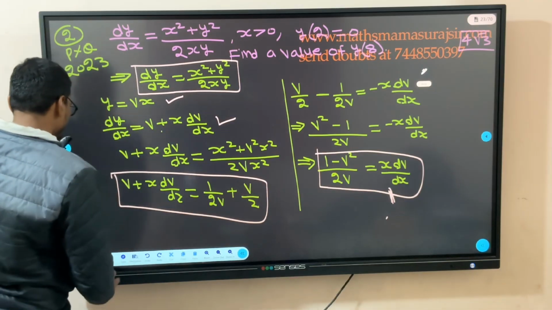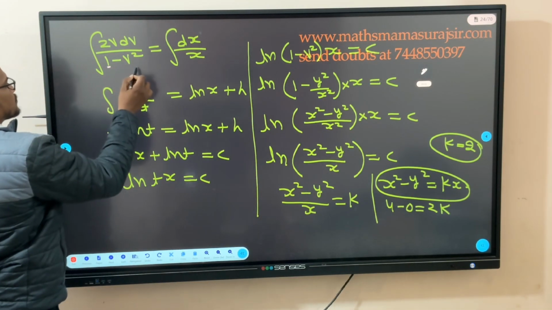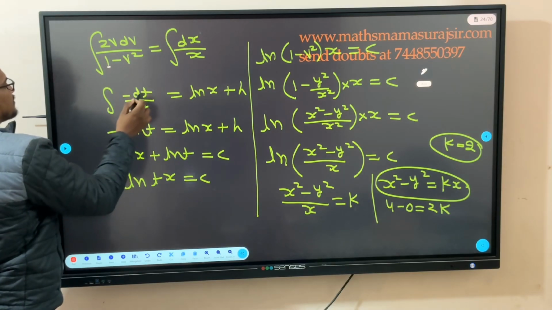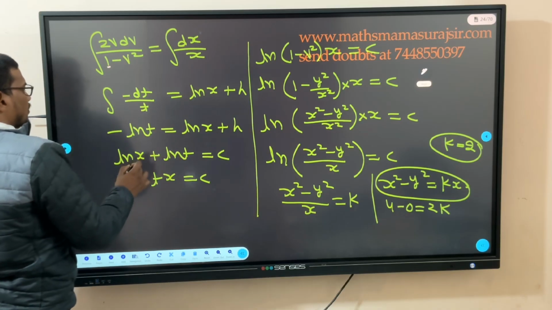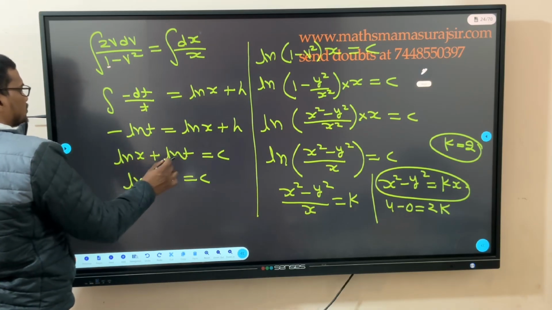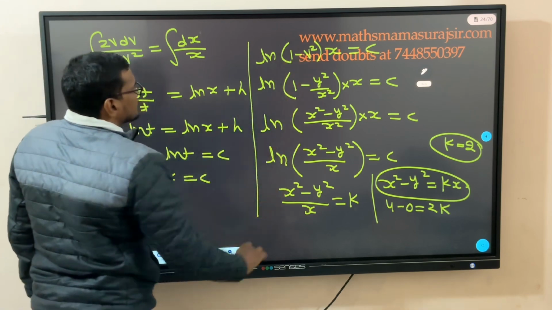Now integrated, 1 minus v square is t, so here t, here minus dt, minus ln t equal to ln x plus ln c. Bring it this side, ln x plus ln t, so ln a plus ln b, log ab equal to c.